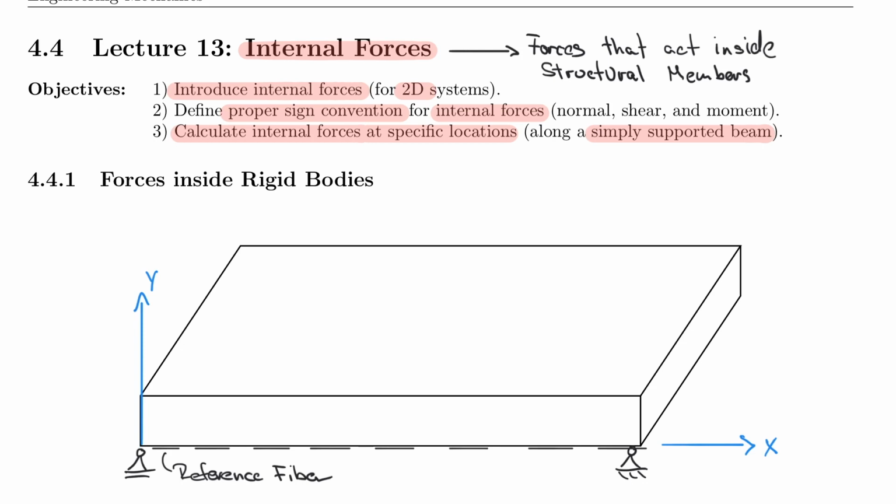Then where do you put the positive, where do you put the negative side? So the reference fiber helps us to understand in which direction the y-axis is pointing relative to a local coordinate system that is defined by the axis, in this case the x-axis, of the beam. And you will see when I talk about the specific internal forces how important that is.